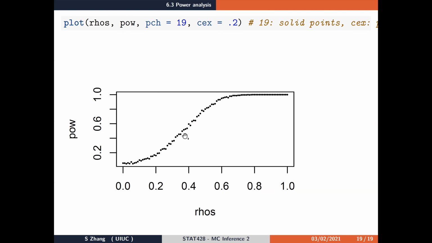And then it keeps increasing and increasing. And when the correlation gets really high, we almost always reject the null hypothesis. And you can also see that when rho is about 0.5, the power that we estimated using the Monte Carlo techniques is quite close to 0.8. So that's consistent with our earlier results.